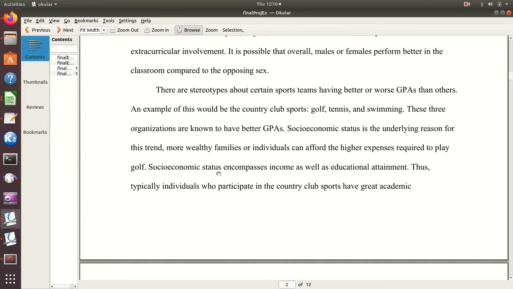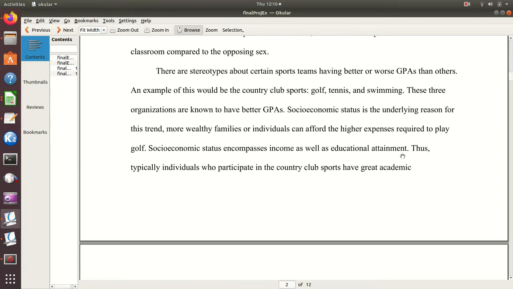Again, with socioeconomic status, there are plenty of studies that show higher socioeconomic status also tends to go with higher achievement in schools and all that, and therefore, yeah, find a reference that mentions that. And they say thus typically those in the country club sports.